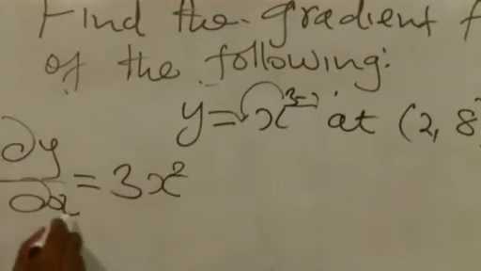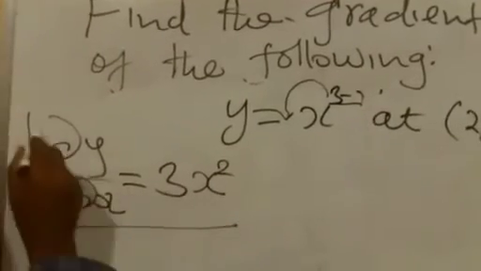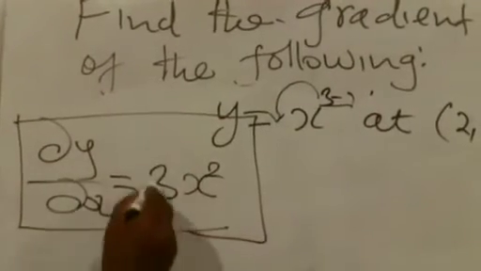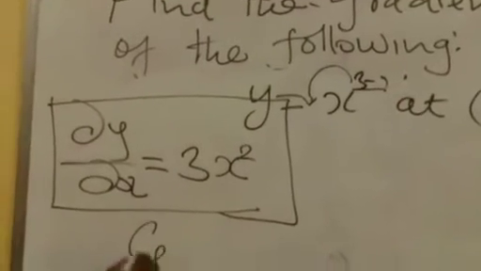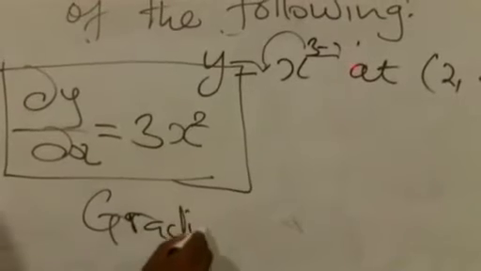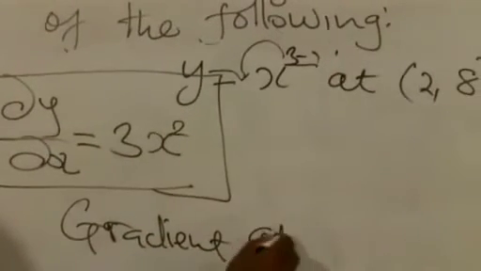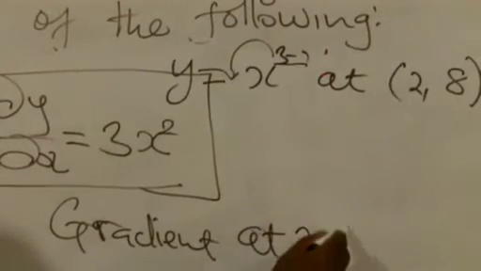So the gradient function of our curve is 3x squared. But we have been told to get now the gradient at 2, 8.